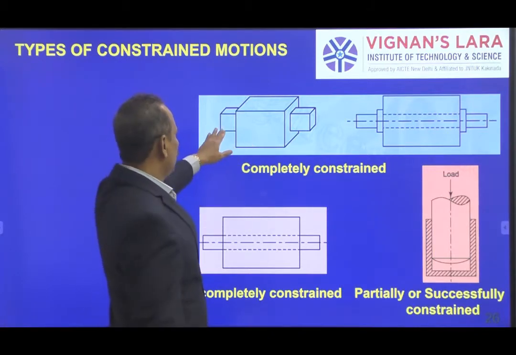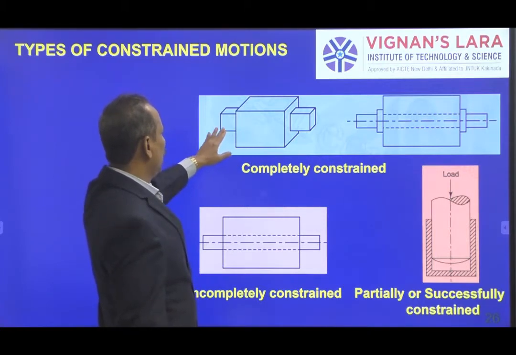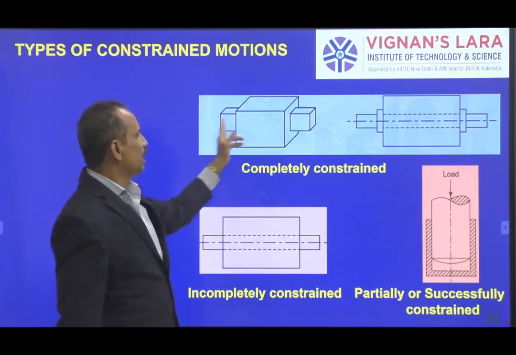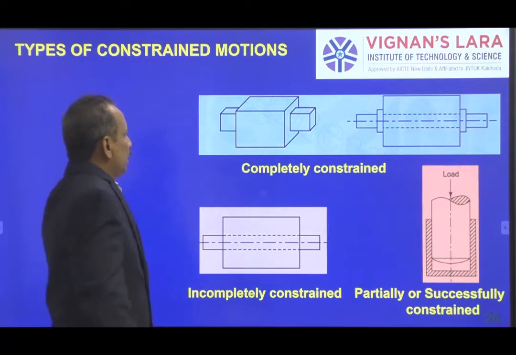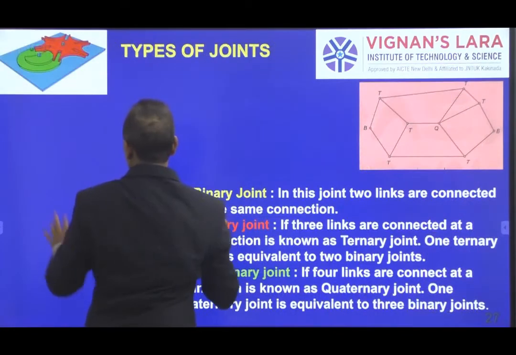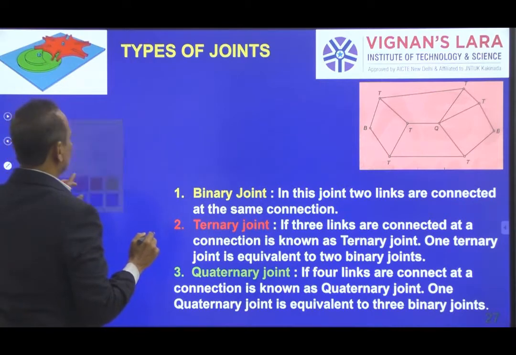You can see a rectangular bar with a square hole and a square prismatic bar inserted. So this square prismatic bar can only be translated here.